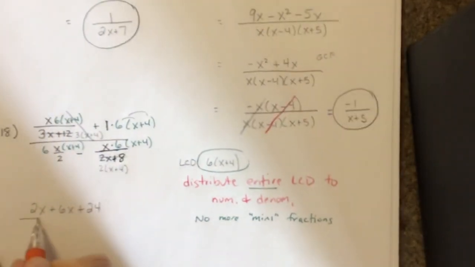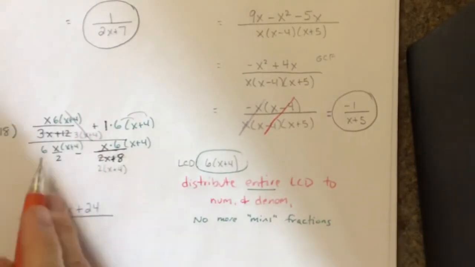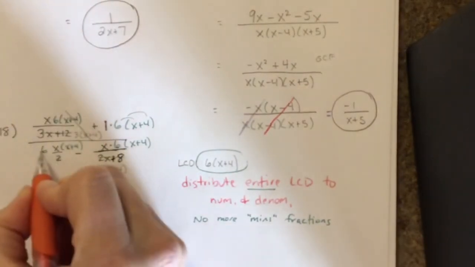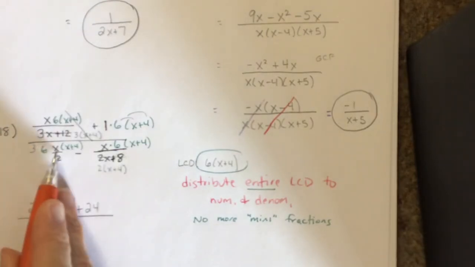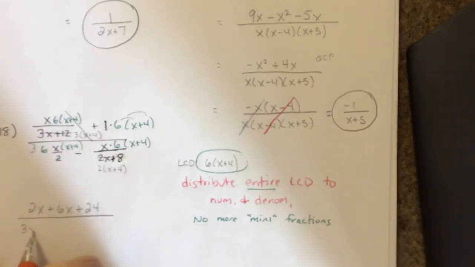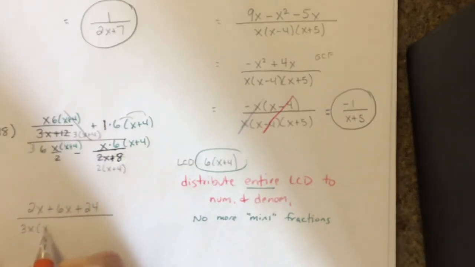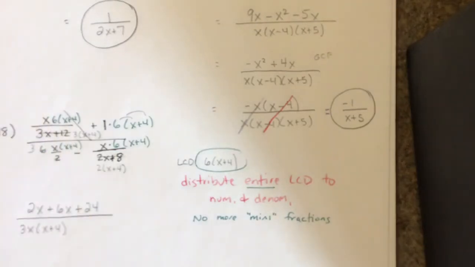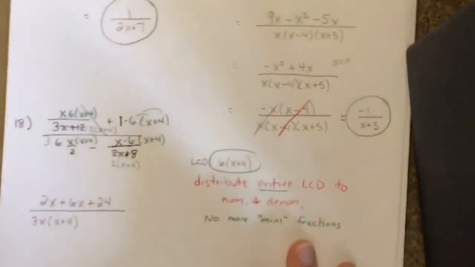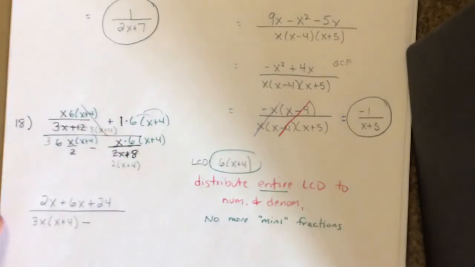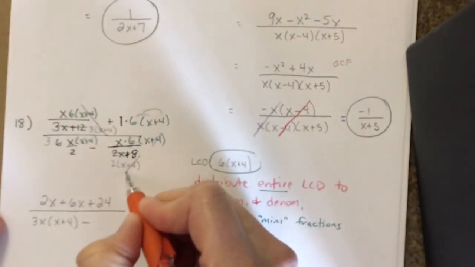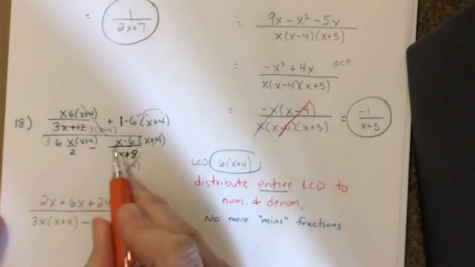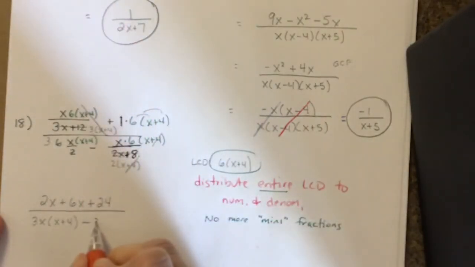Now what about the denominator? 6 divided by 2, that gives me 3. And now I have to take 3x and distribute it. I have to take 3x, I'll do it separately, and times it by x plus 4. We'll distribute that out in a second. And lastly, minus, the x plus 4's cancel. Then I've got 6 divided by 2, that's 3 times x, minus 3x.